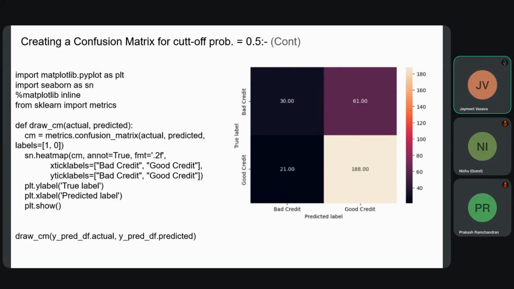Then in the confusion matrix, the actual, predicted, and the labels 1 and 0 will be given.